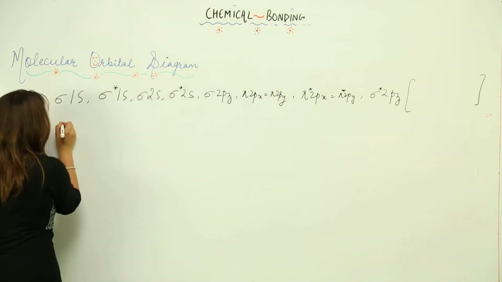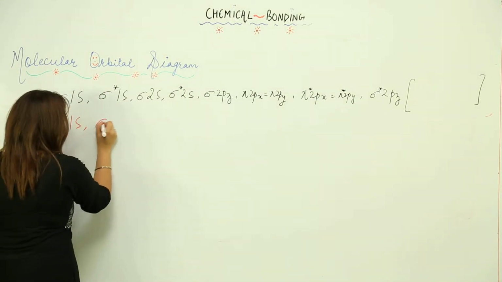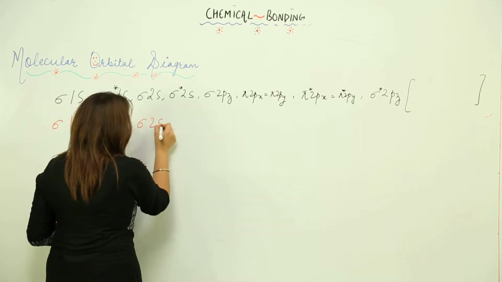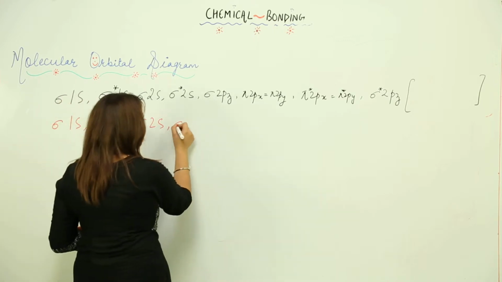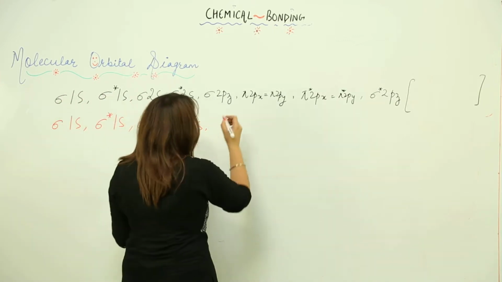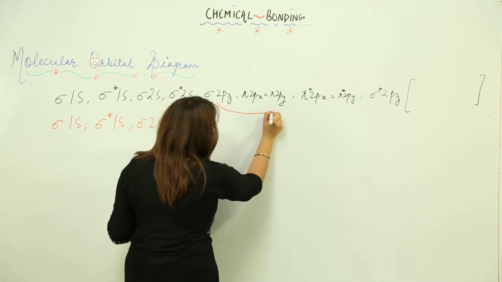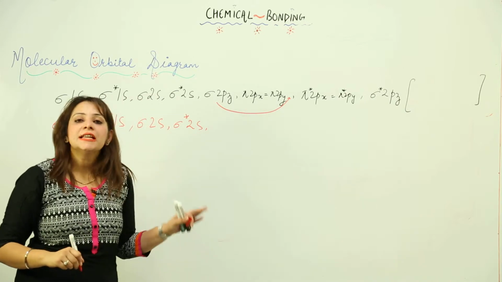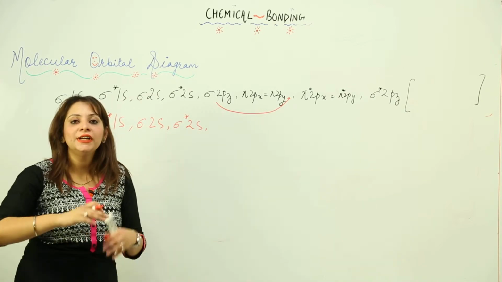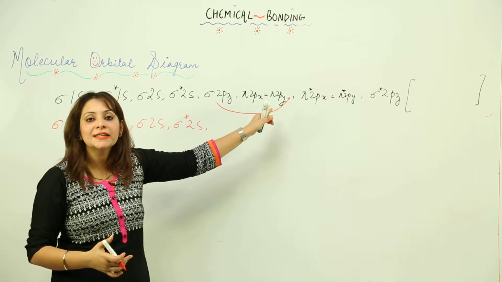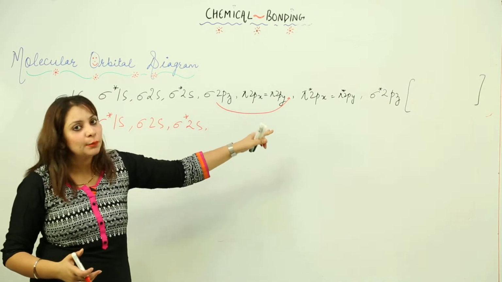I will just write here: sigma 1s remains sigma 1s, sigma star 1s remains sigma star 1s, sigma 2s remains sigma 2s, sigma star 2s again remains the same, but here what happens is that sigma 2pz gets shifted up, because for a few molecules the energy of sigma 2pz actually increases, right. That means the energy of pi 2px and pi 2py is comparatively less than the sigma 2pz.